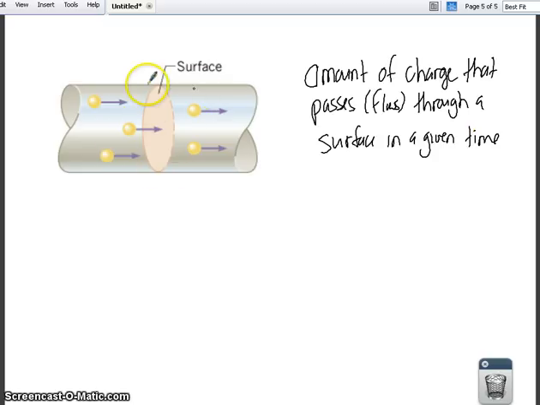So this is an imaginary surface inside a wire. How much charge flows through this surface in a given amount of time?